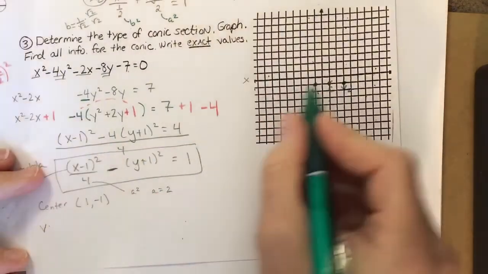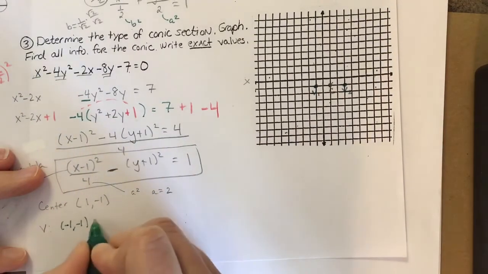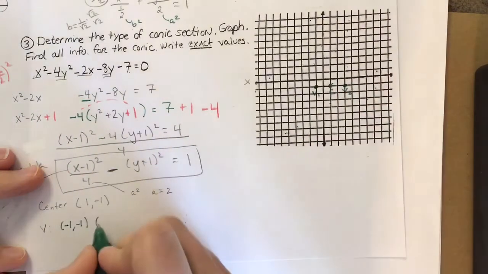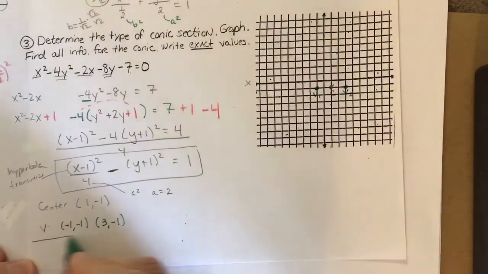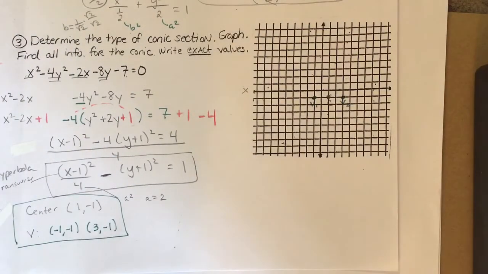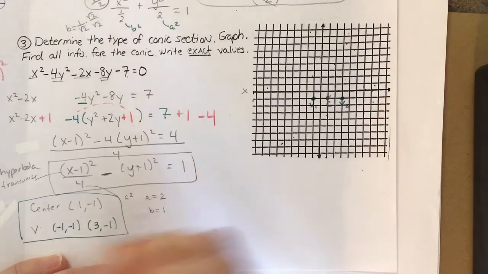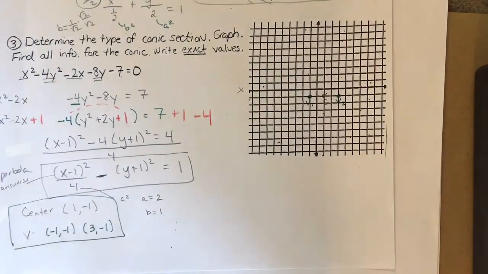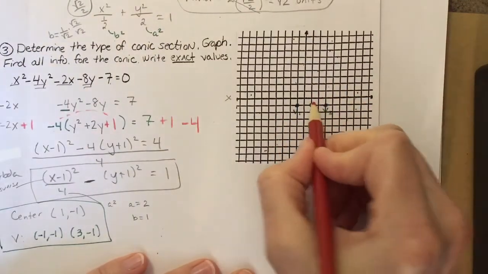So I've got negative 1, negative 1, and 3, negative 1. Nice. All right, I've got some important stuff here. I'm missing a couple things. All right, what's my b? Well, b squared is 1, so b is the square root of 1, which is 1. All right, so now I'm going to draw this central rectangle thing. But not really.